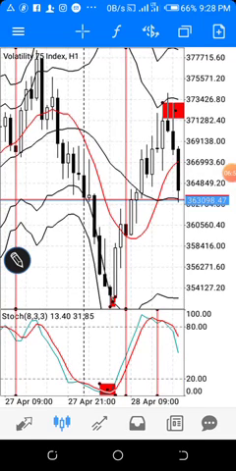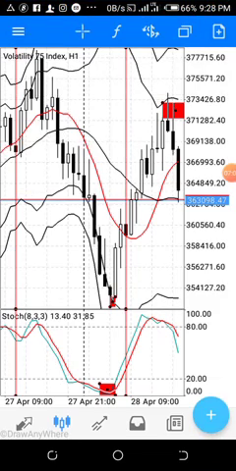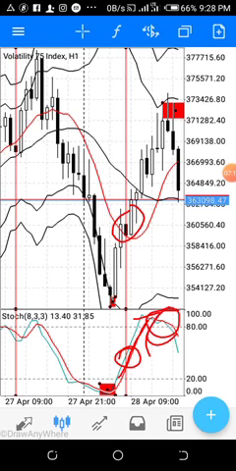Is 1 hour pointing down? You see? The stochastic is still going up on 1 hour. Will you sell that? No, you will not sell. You wait until the 1 hour time frame, the higher time frame, and the lower time frame are saying the same thing. When they are saying the same thing, then you follow the direction.